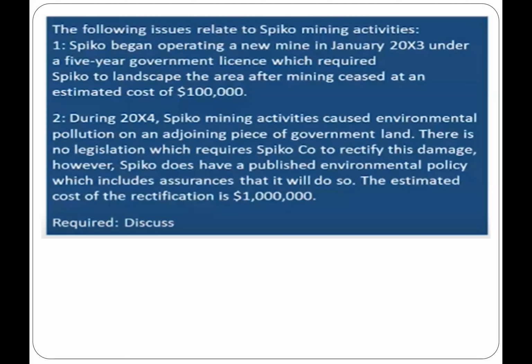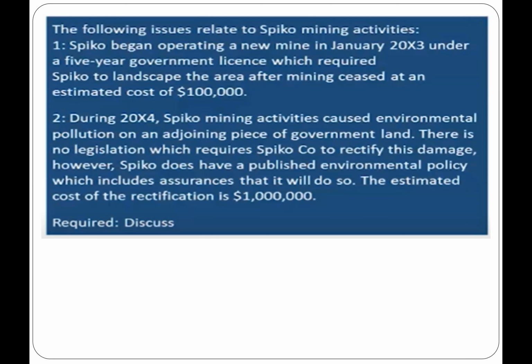However, our own published environmental policy includes assurance that we will do so, which means we have created an expectation that we are going to do so, or we have created a constructive obligation. If you have done it before, or if you have shown indications that you would do it, then you need to do it. So we've created a constructive obligation, and we have satisfied ourselves that an obligation is there.